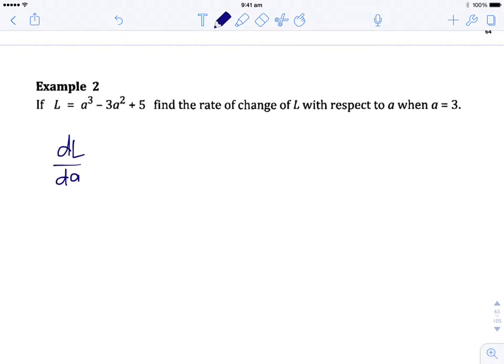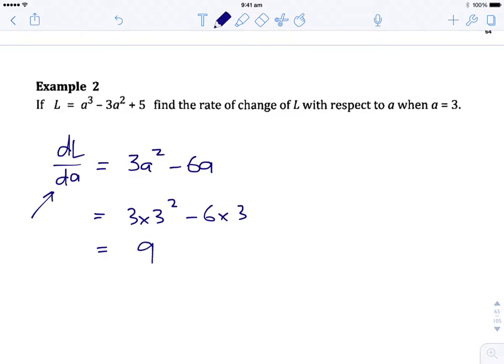That is the rate of change of L with respect to the variable A. So again, we're just going to use the same rules that we know how to do, and we get 3a squared minus 6a is the derivative, or the rate of change of L with respect to A. And the question asked us to find what that rate was when A was equal to 3. Okay, so we get 27 minus 18, which is 9. That's the rate of change at that exact time.